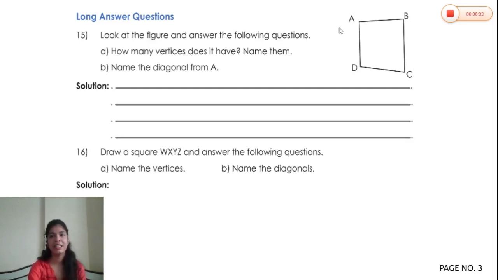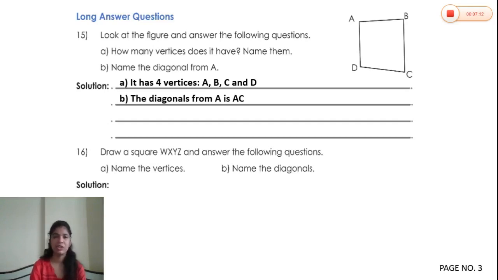Name them: A, B, C and D. So the answer is it has 4 vertices A, B, C and D. Now see part B. Name the diagonal from A. We have to name only one diagonal, the one from A. If we draw a diagonal from A, we reach C. A is joined to C. So the diagonal from A is AC.